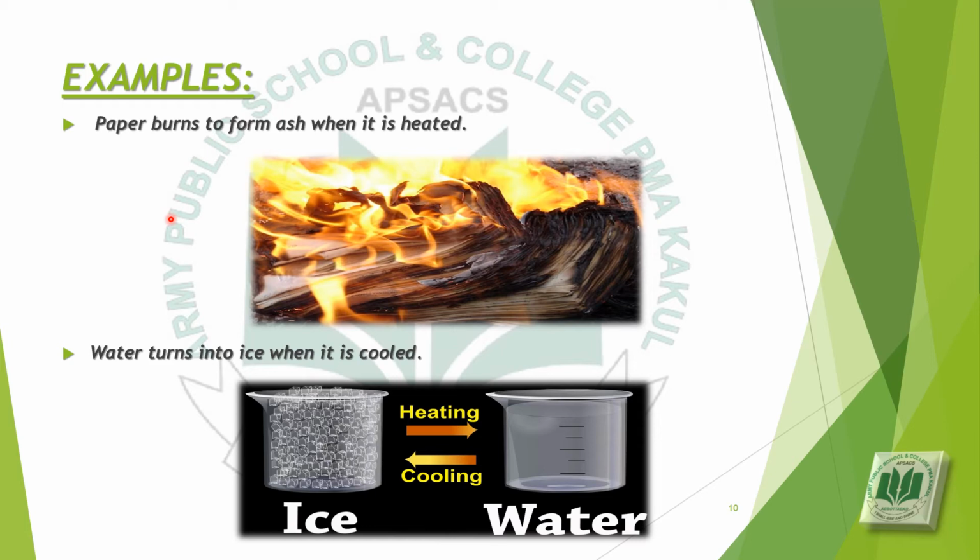In example number 1, when a piece of paper burns, it forms ashes when it is heated. Students, when a piece of paper is burned, it converts into ashes. But it is not possible to convert those ashes back into the original piece of paper.